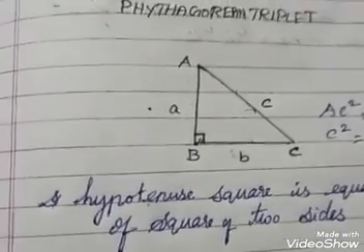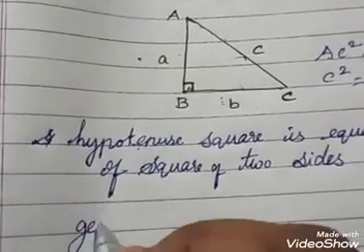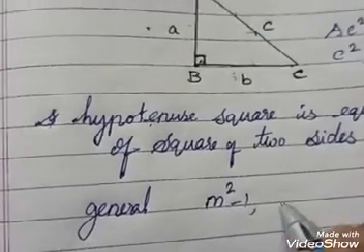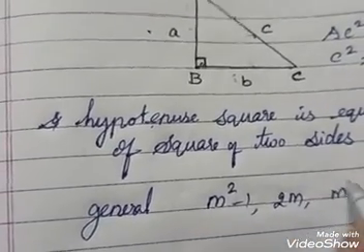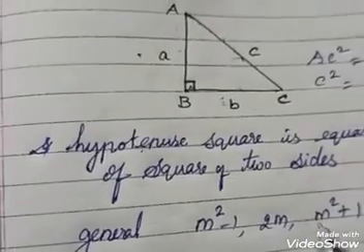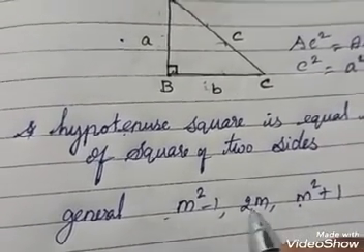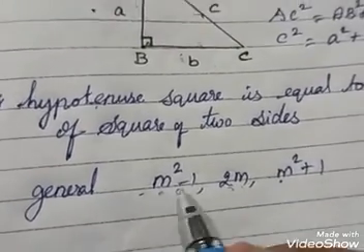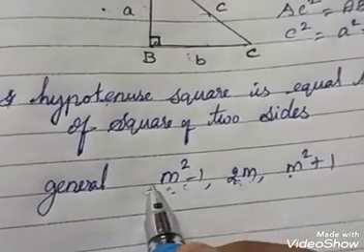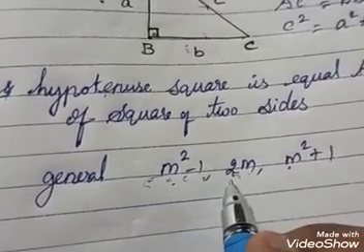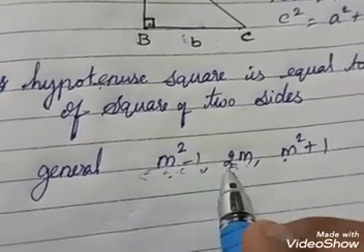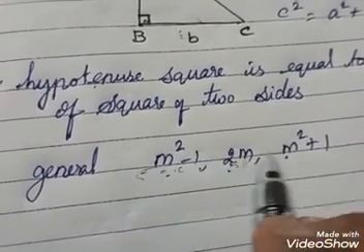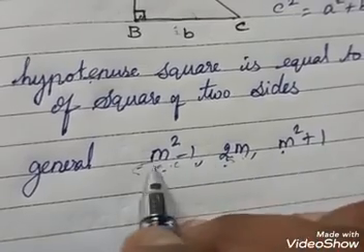Here the Pythagorean triplet in the general form we can take as m square minus 1, 2m, m square plus 1. Here m square plus 1 is greater than these two. In these two, whether m square minus 1 is the bigger value or 2m is the bigger value, one is bigger and one is smaller, but always m square plus 1 is greater than these two.